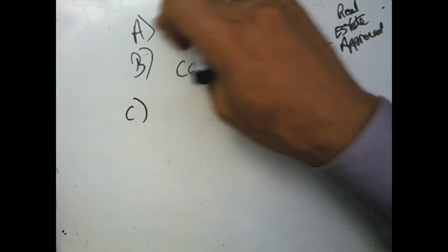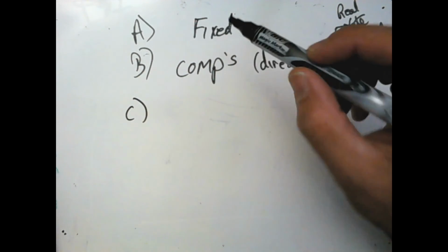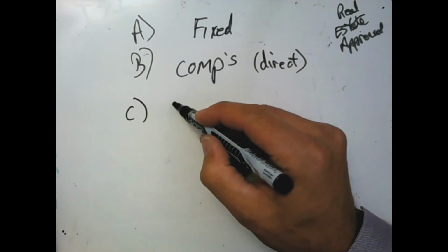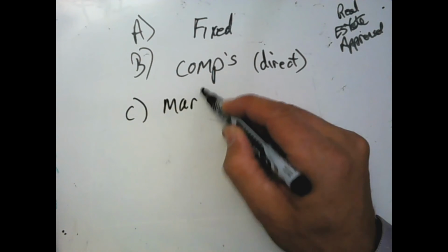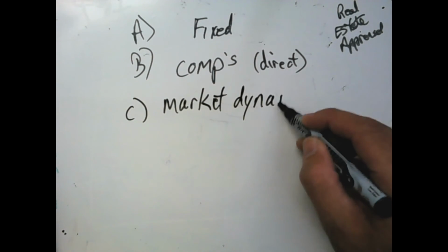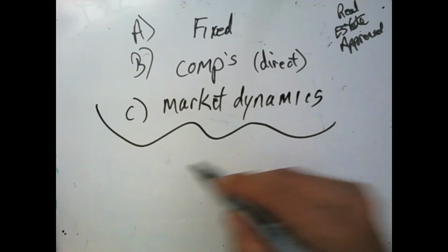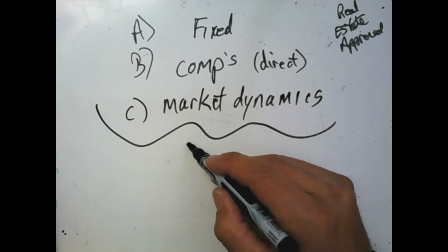The fixed aspects of a house start the point of pricing, then the comps play into it, and then the market dynamics, the season of the year, the curb appeal, etc. Those three things all add up, and that's going to come up with an appraisal.